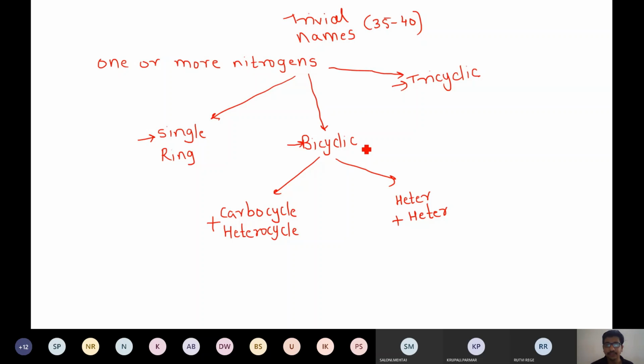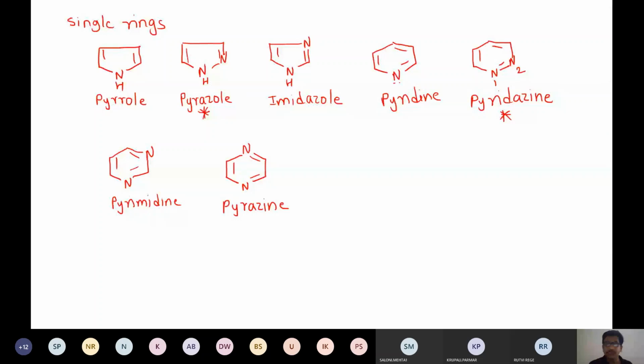The bicyclic ones are further divided into 2 subclasses: homocycle plus heterocycle, and heterocycle plus heterocycle. We saw single rings: pyrrole with nitrogen at first position, pyrazole with nitrogens at 1, 2, imidazole with nitrogens at 1, 3. These are the most common 5-membered rings. In 6-membered rings, pyridine has only 1 nitrogen. Nitrogens at 1, 2 is pyridazine, 1, 3 is pyrimidine, and 1, 4 is pyrazine.